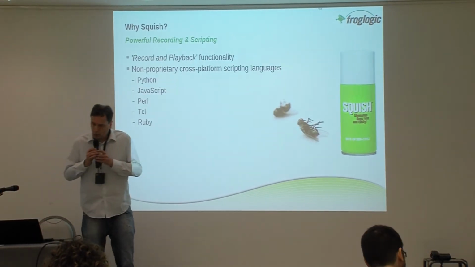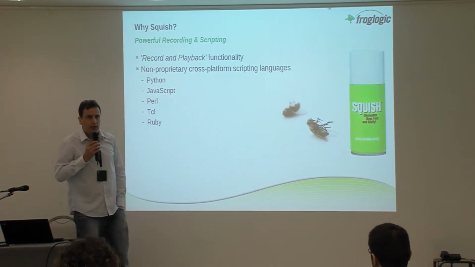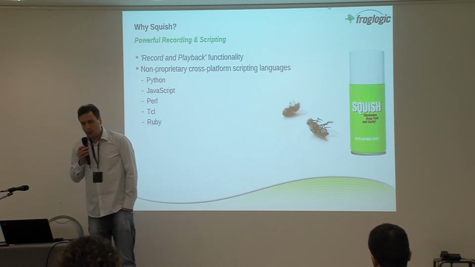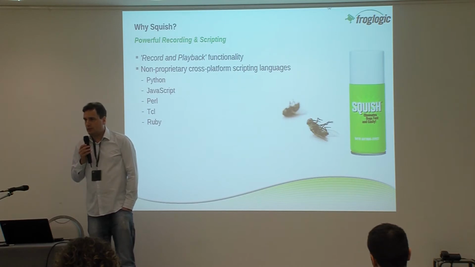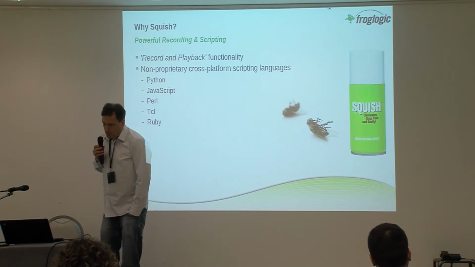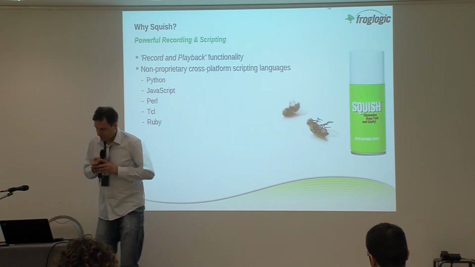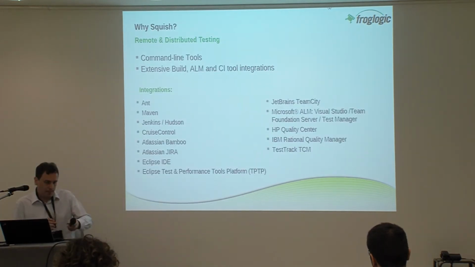And I will do so by showing you how record and replay works. That's a common technique to start with automation, but that is just a starting point. I will then show you how you can make use of scripting languages when you automate your tests. We support five of them: Python, JavaScript, Perl, Tcl, and Ruby. Okay, but let me show you this now live in action.